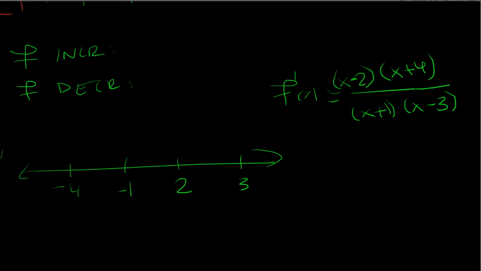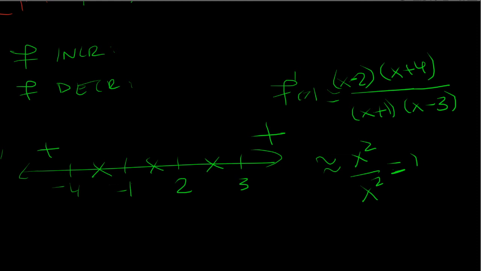We're just going to test the different regions, but first we know that this is basically x squared over x squared, which is 1 in the long run. So for the endpoints, we know it's going to be positive. And then it's just a matter of testing these different regions.